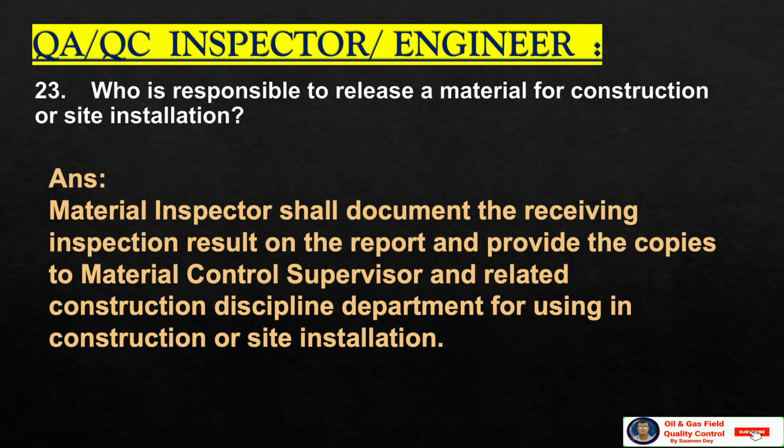Who is responsible to release a material for construction or site installation? The material inspector shall document the receiving inspection result on the report and provide the copies to the material control supervisor and related construction discipline department for using it for construction or further site installation as applicable.